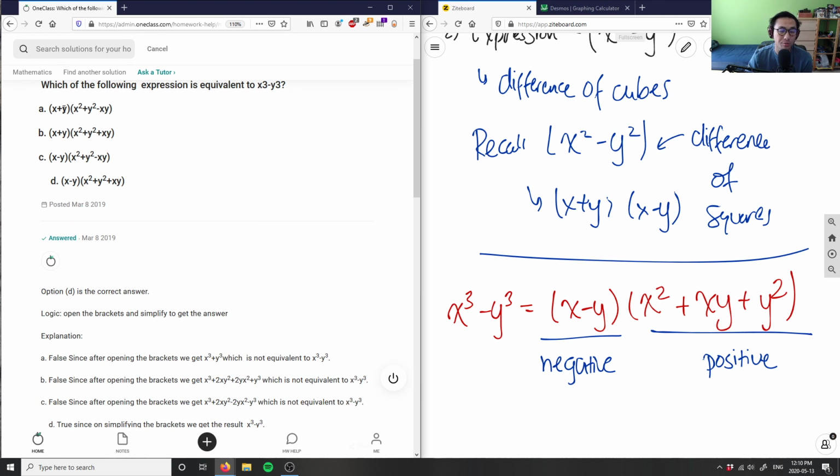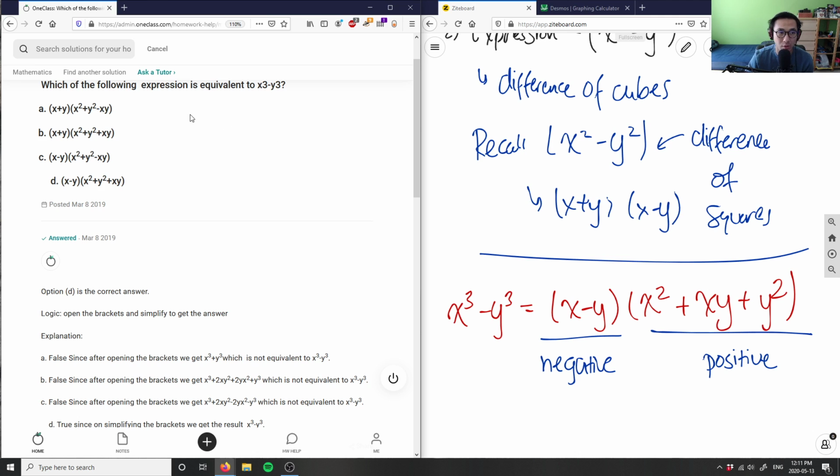And you can actually go through and factor all of these guys out to figure out if they were equivalent to x cubed minus y cubed. I believe one of these should be a sum of cubes, and I think it's actually the first one. This guy, x plus y, and then x squared minus xy plus y squared, actually gives you a sum of cubes.